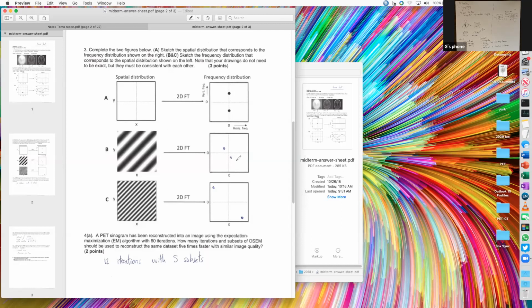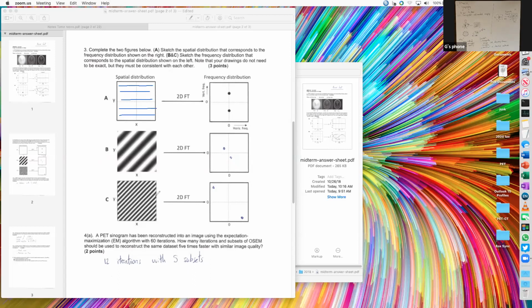Actually, here I already gave the solution, I realized. So this is the other problem. If we have a spatial image like this, if we take the Fourier transform, the frequency information is going to be rotated compared to this one, by about 45 degrees. And the spectrum is always symmetrical. Something to remember: if your signal is real, then your spectrum is symmetrical, so you can rotate it 180 degrees and it's the same spectrum.